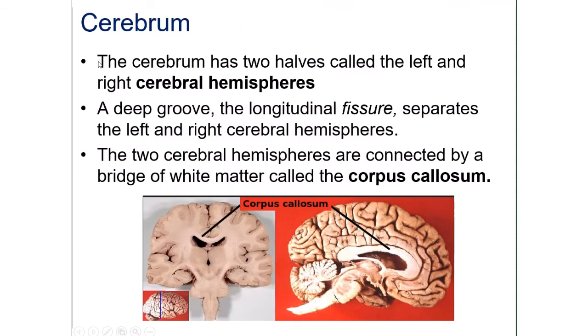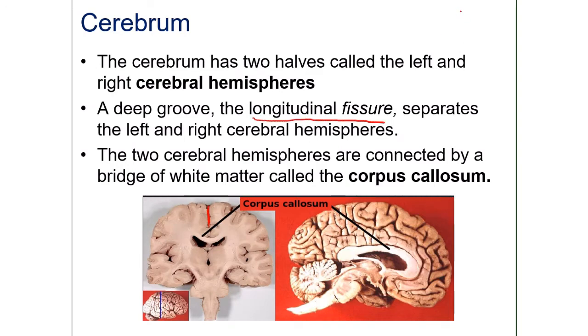So the cerebrum is divided into two halves by a very long fissure, and here in the frontal section you can see part of the fissure. That is called the longitudinal fissure.